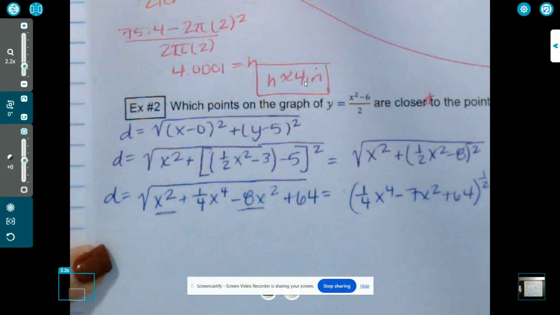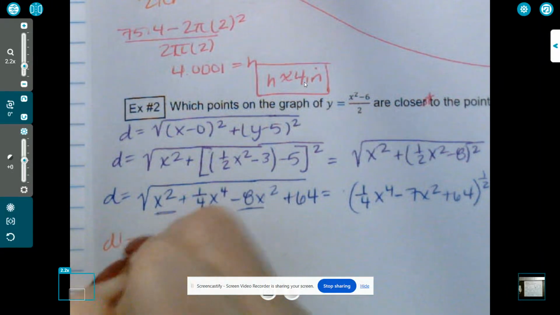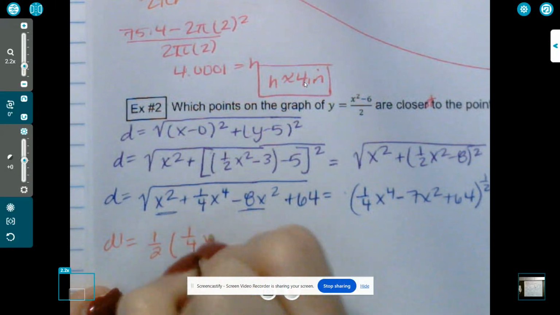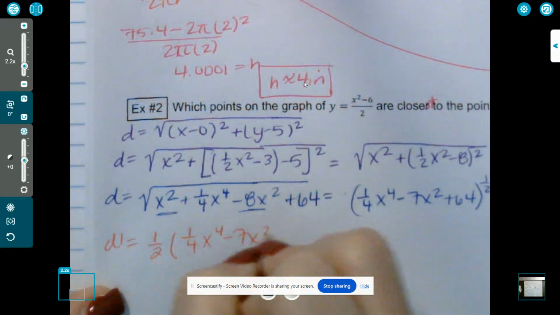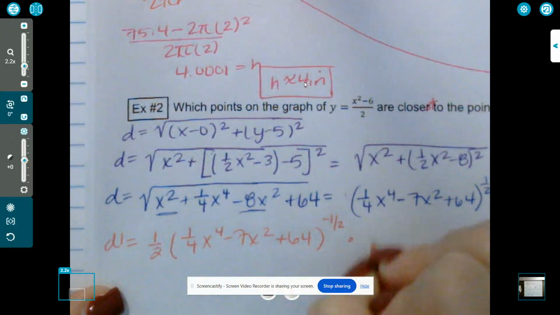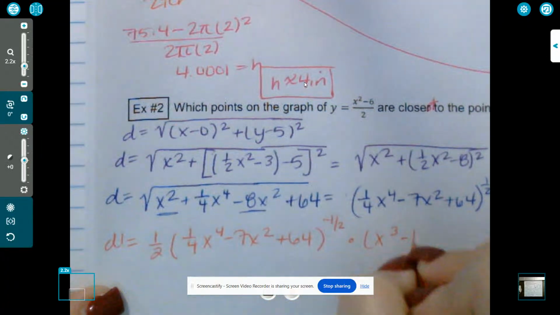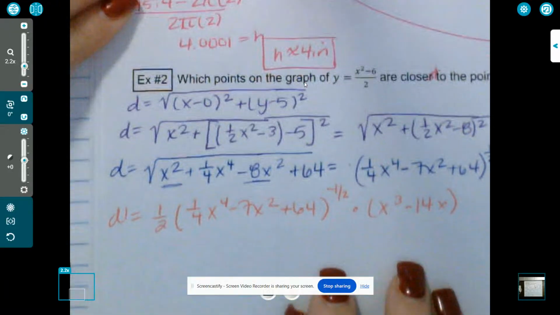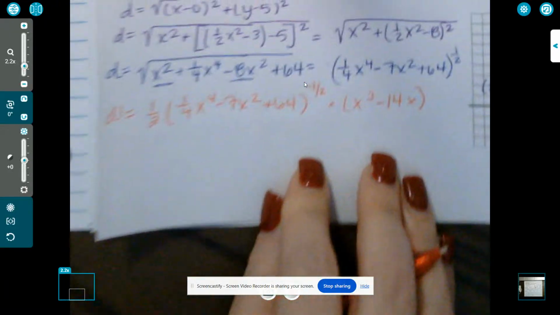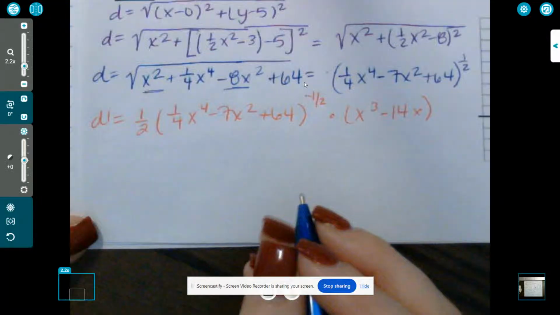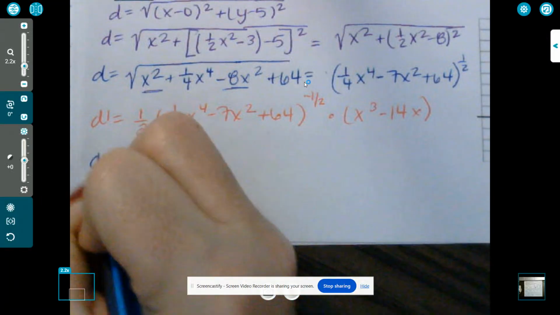Okay, all right, so now we're going to take the derivative of that. So that becomes negative 1/2 times, and that will be x cubed minus 14x. All right. So now if we go from there with that, you're looking for d prime.